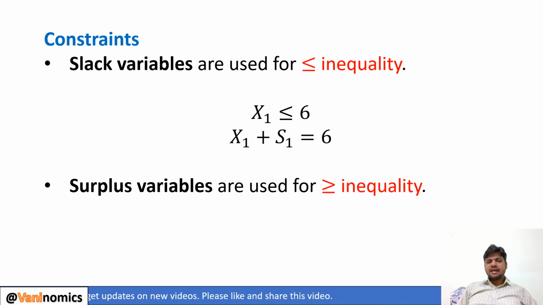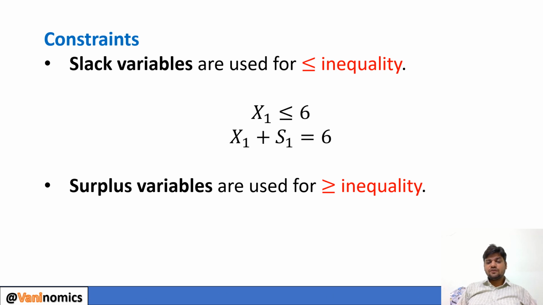So remember, slack variables are always added while surplus variables are always subtracted from the left hand side. Do not forget to write left hand side. So slack and surplus variables are always on the left hand side of the constraint. We will not put any decision variable, including slack and surplus variable, on the right hand side of the constraint.